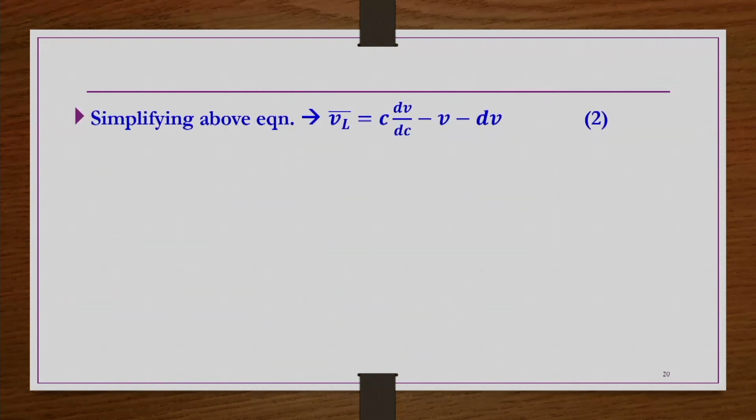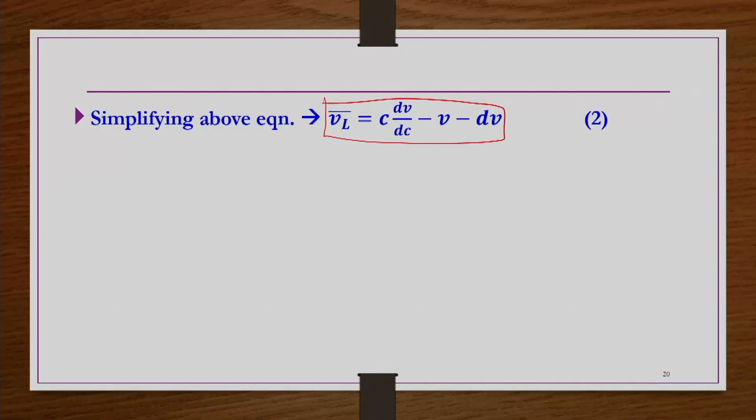Now, you simplify the above equation and write it for VL bar, because the layer velocity we do not know. So, VL bar is equal to C dV by dC minus V minus dV. In general, this layer is very thin. So, obviously, the change in settling velocity of the particles within this layer is very small.